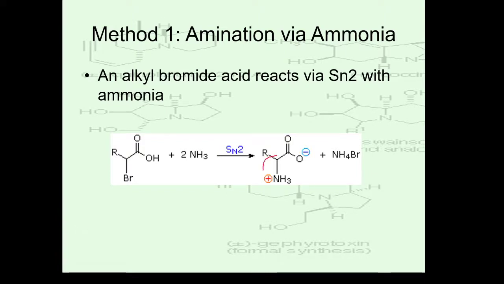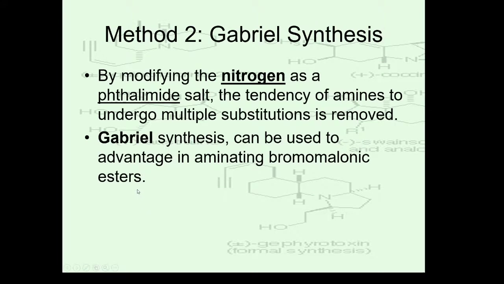Now I've got the COOH end, the amine end, and my carbon, where R is the side chain of my amino acid. We call this amination via ammonia of a bromo-substituted carboxylic acid. So that's one way of making an amino acid.